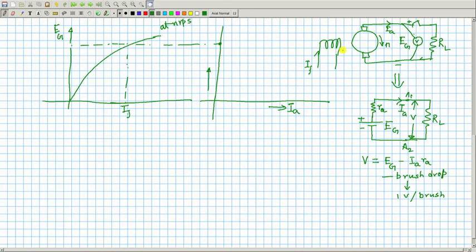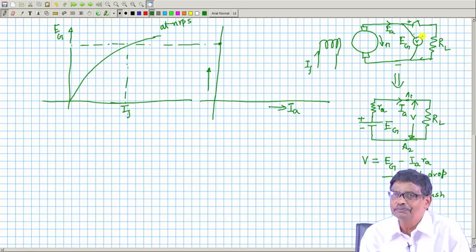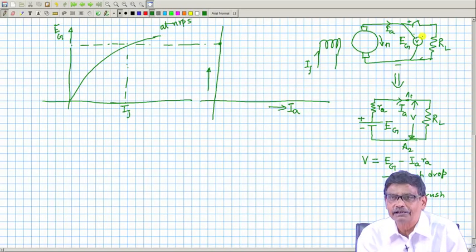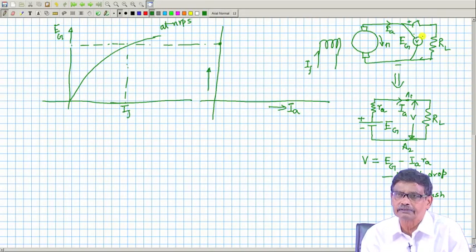Now, the brushes are carbon, and carbon has a negative temperature coefficient of resistance, that is, with larger current drawn from the armature, carbon brushes will have lesser resistance because of temperature rise. So, what I am essentially telling is, the armature winding is represented by a resistance, but carbon brushes cannot be represented by a fixed resistance.